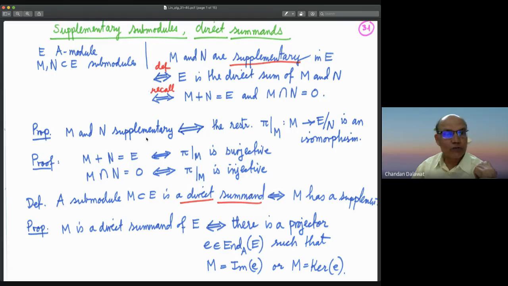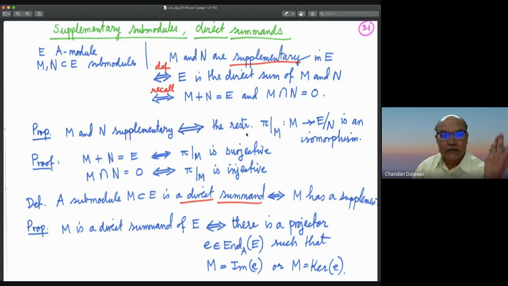So here's a small proposition. M and N are supplementary in E if and only if the restriction to M of the projection from E to E modulo N is an isomorphism.